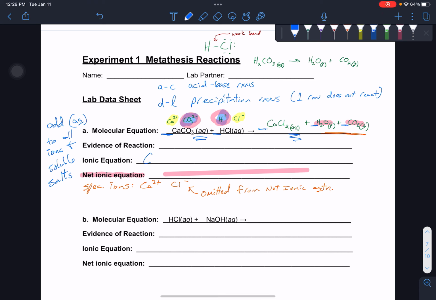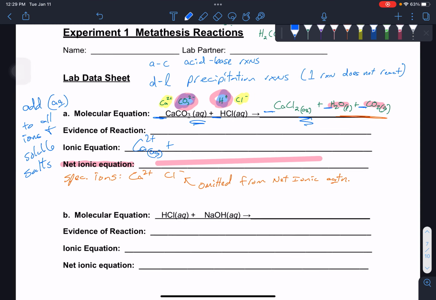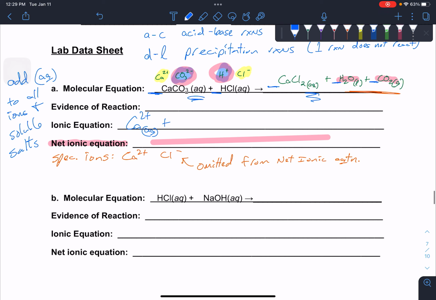And then for calcium, you want to add the AQ. If this lab feels tedious at some point, it is. That's one reason I say after this, we're not doing that ionic equation. It's not important after this.